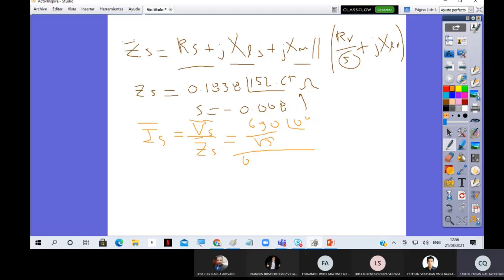From the previous calculation, this value is 0.1838, and the angle is 152.6 degrees. Therefore, the stator current is 1168, and the angle is 152.6. In this case, these are actual values, in amperes.